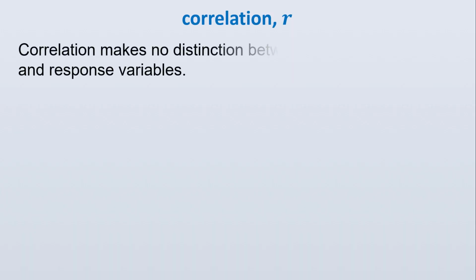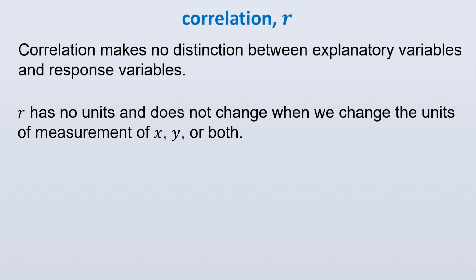Correlation makes no distinction between explanatory variables and response variables. r has no units and does not change when we change the units of measurement of x, y or both. Suppose x has units of miles and y is also in miles, but r has no units.